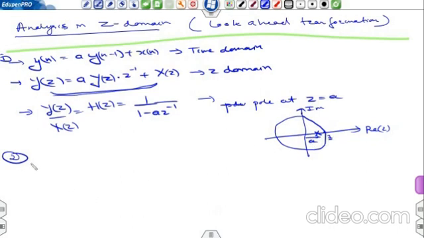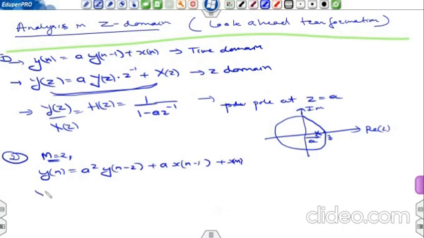Now taking the equation when we have applied the look ahead transformation, denoted by m equal to 2, we have y[n] equal to a square y[n minus 2] plus a of x[n minus 1] plus x[n]. This is in time domain.